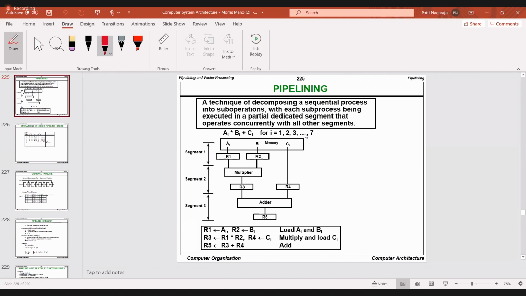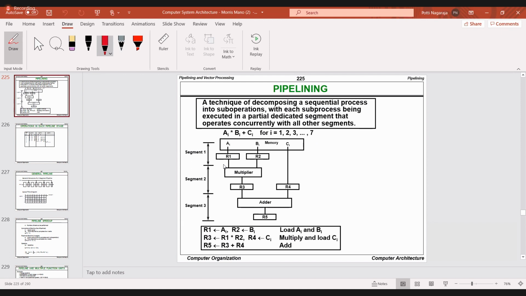That means the operation we are doing is Ai into Bi, then adding Ci to this product. So what is pipelining? We have a sequential process, and you divide it into sub-operations, where each sub-process is executed in a particular dedicated segment, and overall all will be operated.